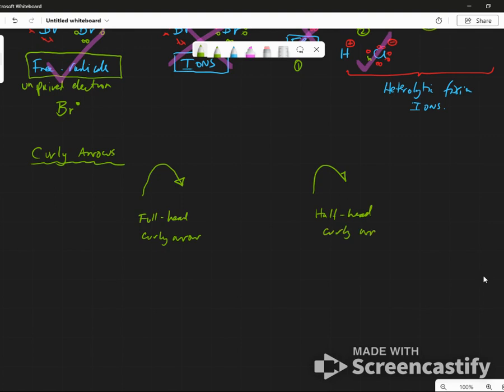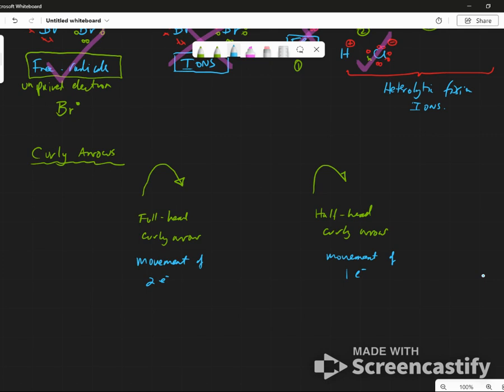Curly arrow. Now, we use both of these in chemistry, but the full head means a movement of 2 electrons, and a half head means a movement of 1 electron.